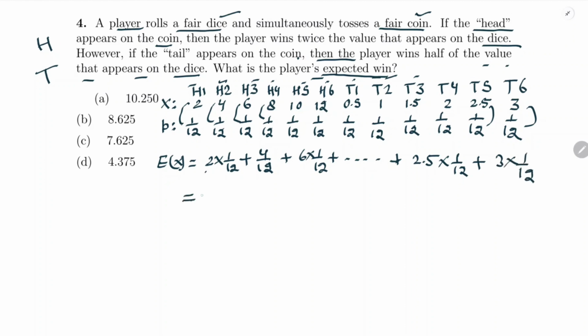Now, this 1 by 12 appears in every term, so we can take it outside. Then we are left with 2 plus 4 plus 6 up to 2.5 plus 3.